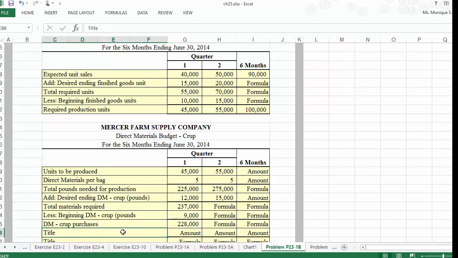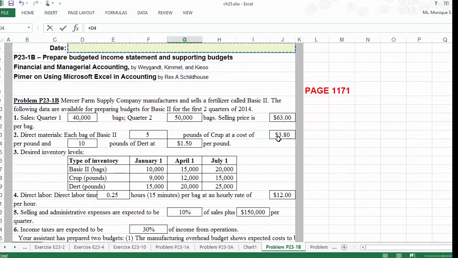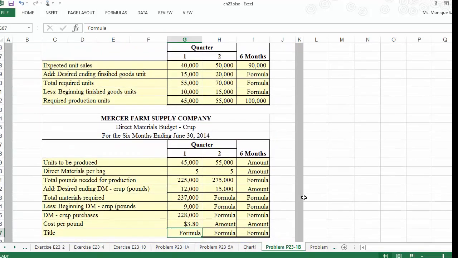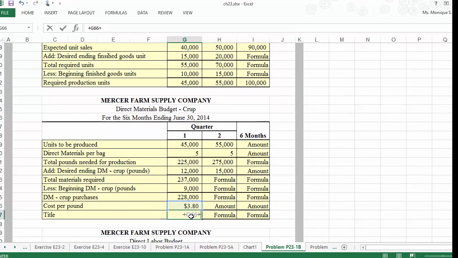And then we want to use the cost per pound for the crop, which was $3.80. So I'm just going to reference, in case you change the price, you'd like to reference the cell so you don't have to update the formulas. So that'll be the 380 times the 228,000, and the total cost of the direct material crop purchases.